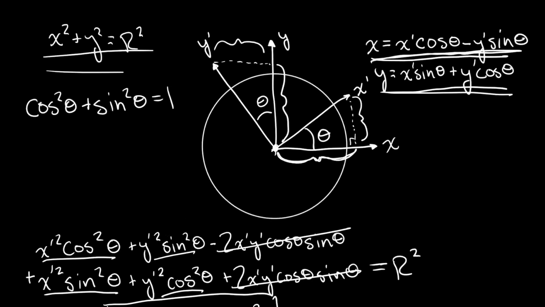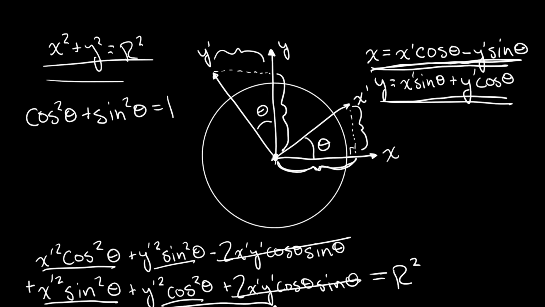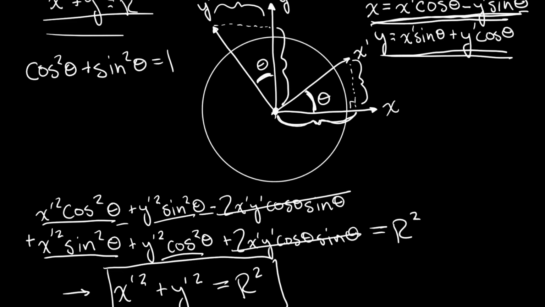So what this tells us is that I can rotate my axes by any amount theta, because this angle that we chose, this theta that shows up in all these places, was completely arbitrary. It can be any number we want. So I can rotate my axes by any value, and the equation that describes the circle always looks the same in the axes that I choose.